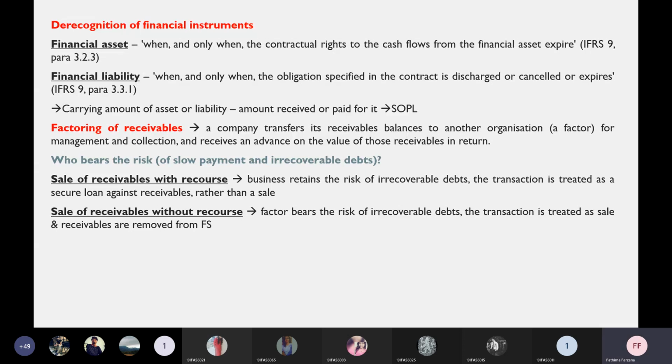And then we go ahead with the second unit. Okay. So see here, factoring of receivables means, nothing, just the collection of money from the receivables is a very tedious task.